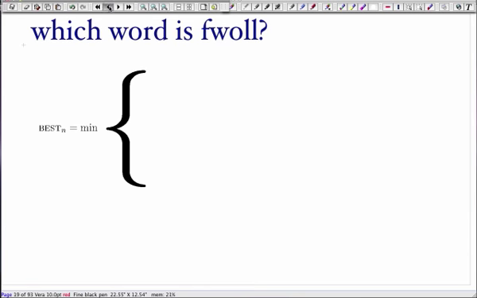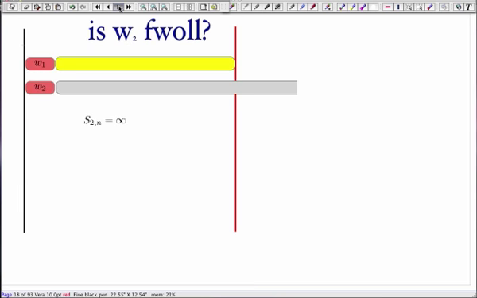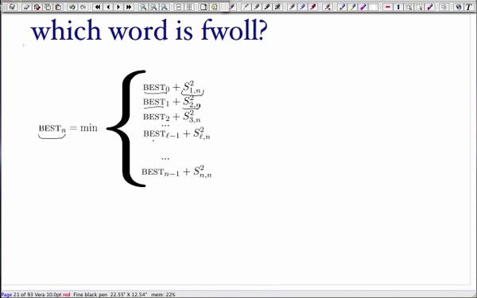At some point, we're actually going to come to the situation which is the actual optimal solution, where Wj does happen to be the first word of the last line in the optimal solution, and one of those lines right here is going to be this one: best j plus s of j plus 1, comma, n squared.